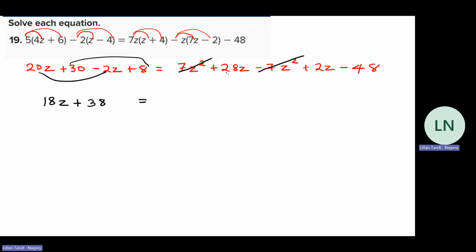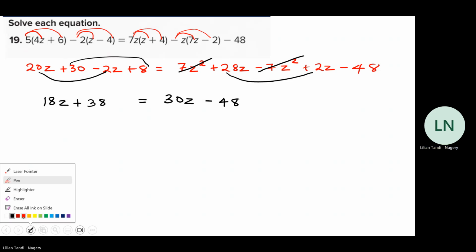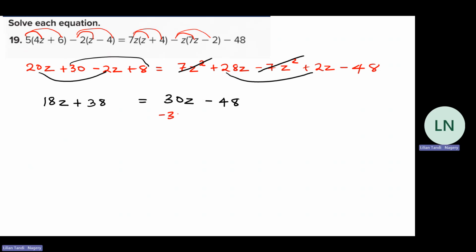And then here you have 28z plus 2z is 30z minus 48. Then, now you can make friends. This 30z goes here together with this, and this 38 will go here because they are constants.